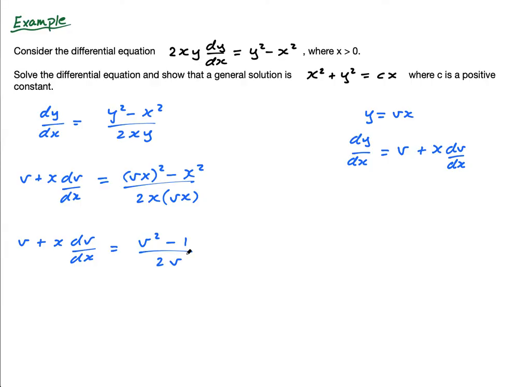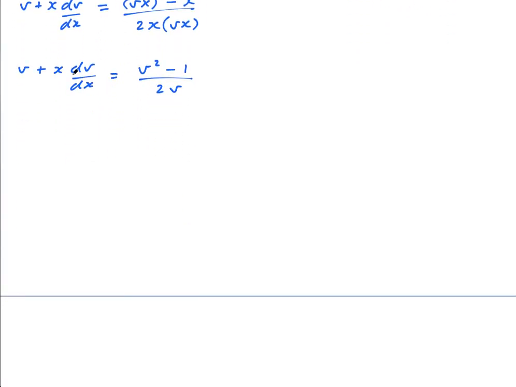So what I have here is now a separable differential equation, and that's the whole point of this. I used the substitution to change the homogeneous differential equation into a separable differential equation. It's separable because, well, I have this v here, but I can just subtract it from the left, and that's exactly what I'm going to do.